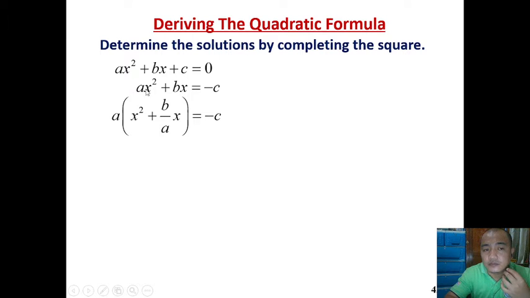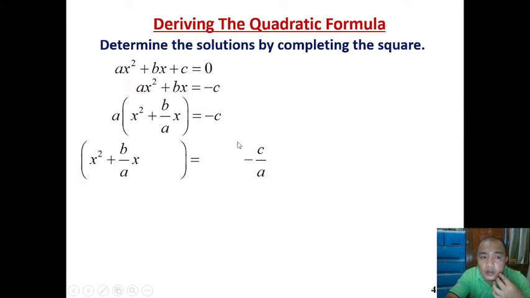Since we want x squared to have its numerical coefficient as 1, we factor out a. So we have a times x squared plus b over a x equals negative c.